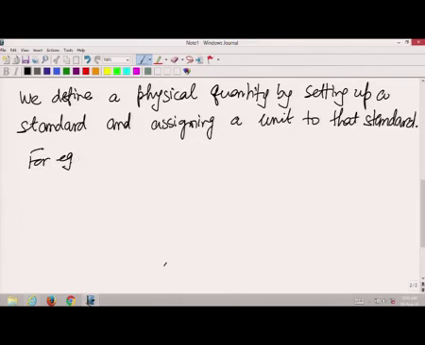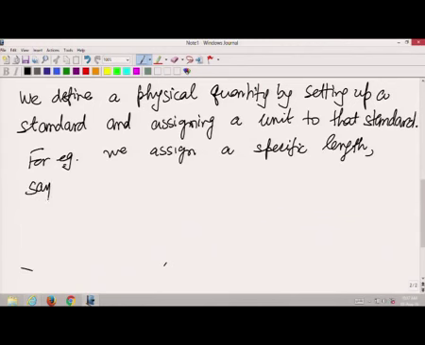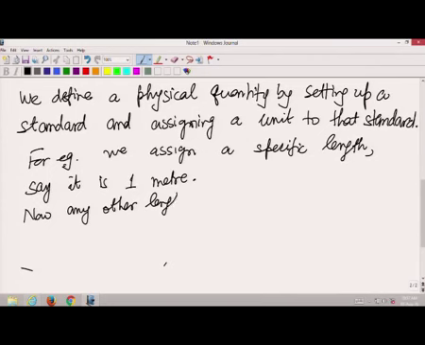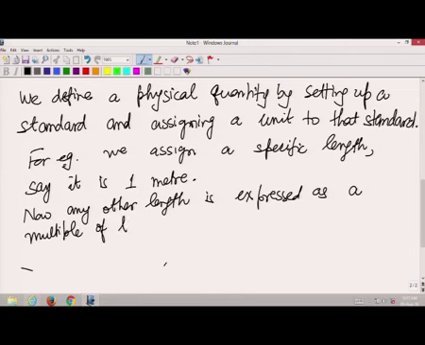For example, we assign a specific length and we say it is 1 meter. Now, any other length is expressed as a multiple of this length.